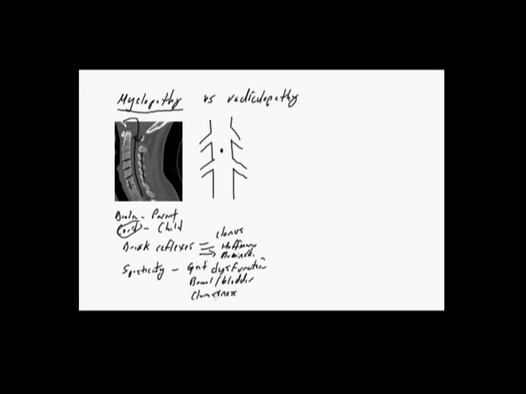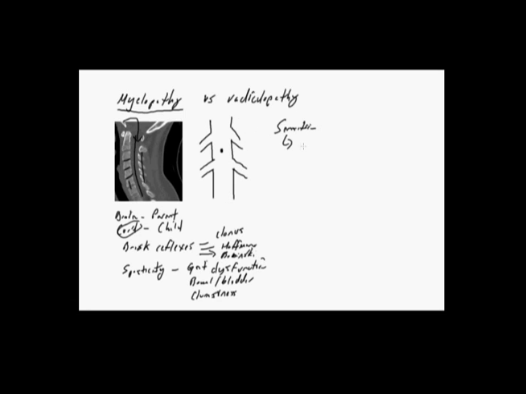So one of the more common complaints is that people with myelopathy have difficulty using utensils, or they notice that their handwriting is becoming more difficult to interpret because they're having trouble holding a pen. And finally, you can also see changes in sensation, okay? Because remember, the sensory pathways are also running up the spinal cord as well, back to the brain.